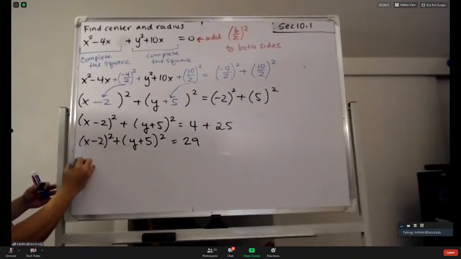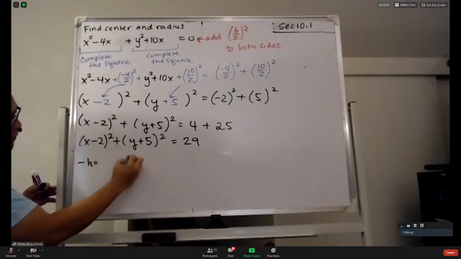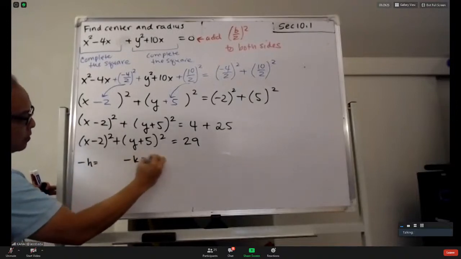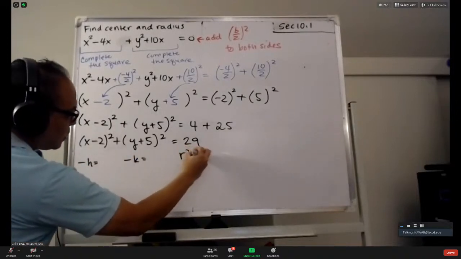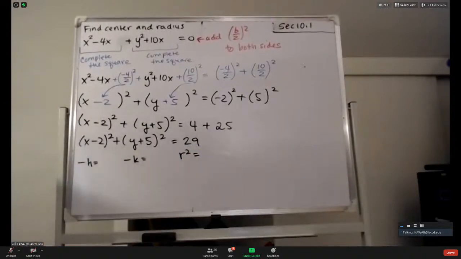So figure out what negative h is equal to, figure out what negative k is equal to, and figure out what r squared is equal to. And then solve for the center and the radius.